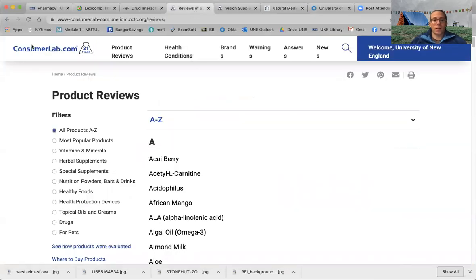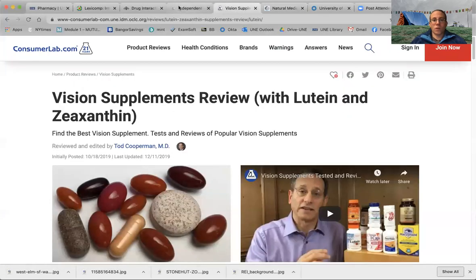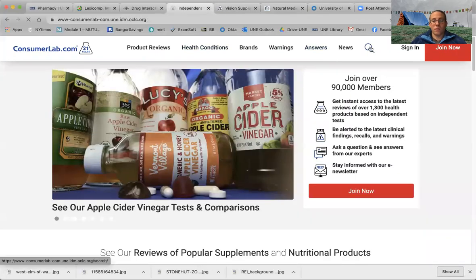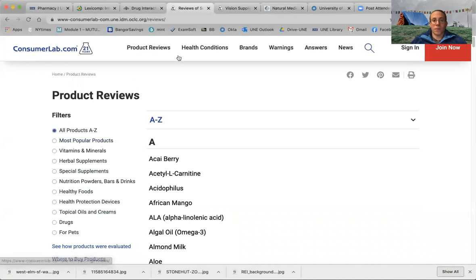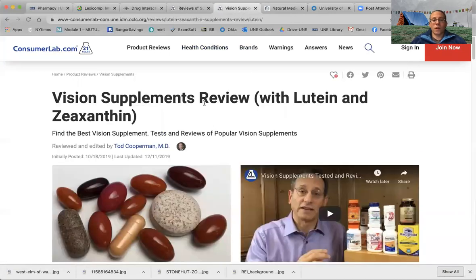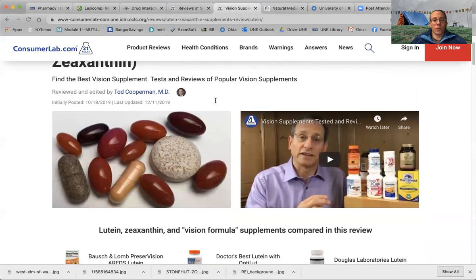The last one I'll talk about is Consumer Lab. So if I'm still logged in, I am not. You can go to Consumer Lab. It looks like this. You search for a product, and they do product reviews on many different supplements. So a lot of you had patients who were on vision multivitamins.